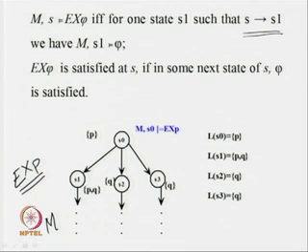By looking into the transitions from S0, we see that there is a state S1 where P holds. So, we say that in this state S0, EX P holds. We write it as: in model M, state S0 models EX P. That means EX P is true in this particular state S0. So, this is about the behavior of the next state. We have two operators in temporal logic, one is AX phi and the second one is EX phi.